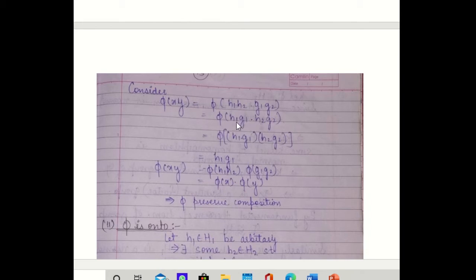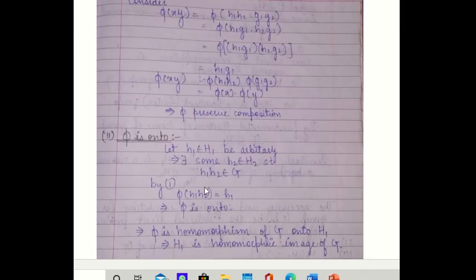This can be written as h1 g1 into h2 g2, and this is phi of h1 g1 h2 g2. So this is phi of x into phi of y, so phi preserves composition.